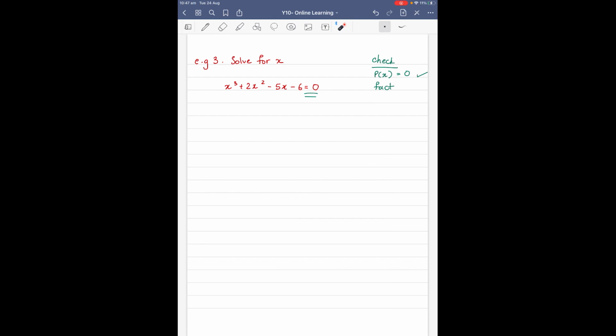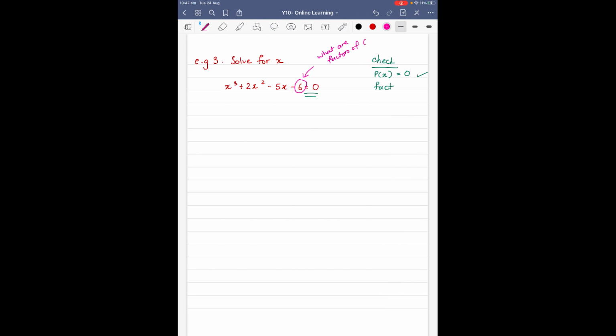Now, last lesson, I told you guys that we're going to start from 1, minus 1, 2, minus 2, 3, minus 3, and so on. I'm going to show you guys a trick. So the trick is we look at the last term, which is a constant. For the constant, what are the factors of 6?